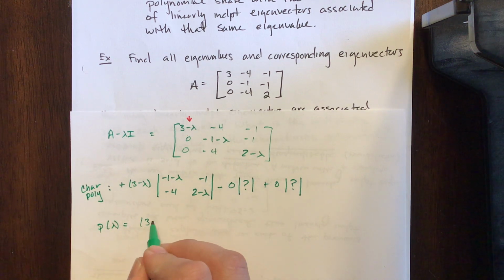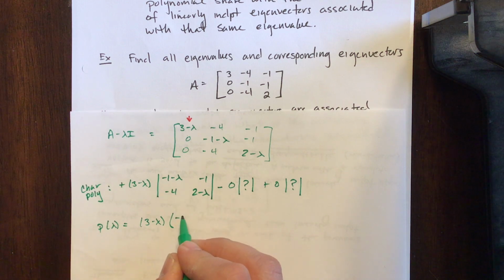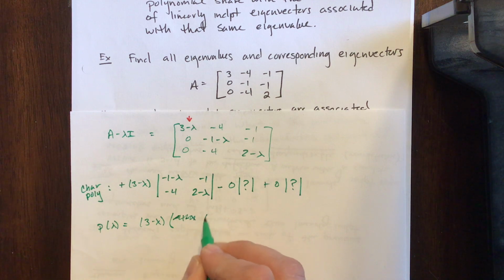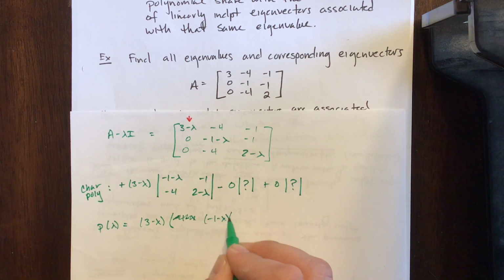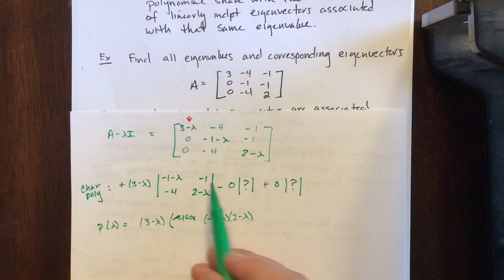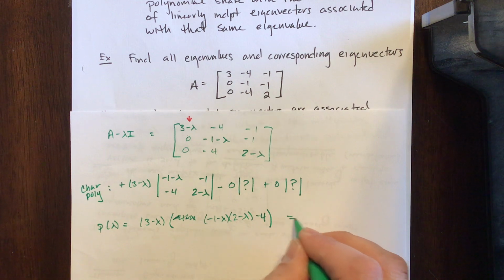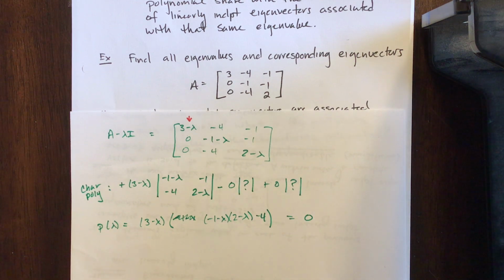3 minus lambda times minus 1 minus lambda, minus 1 minus lambda times 2 minus lambda, minus 4. And we're going to set that equal to 0. So we get 3 minus lambda times negative lambda is lambda squared.